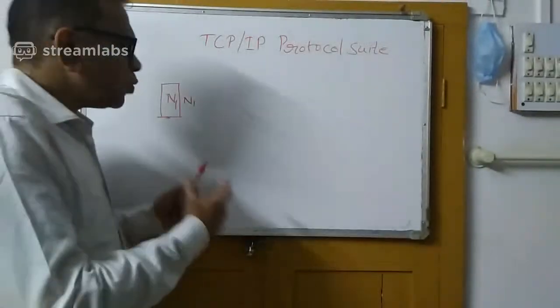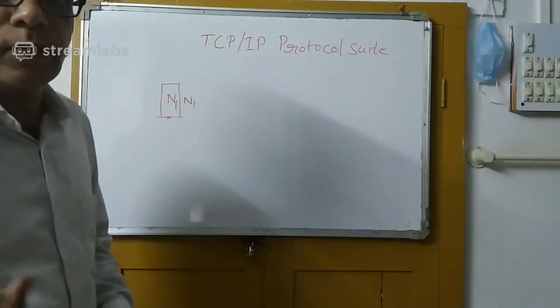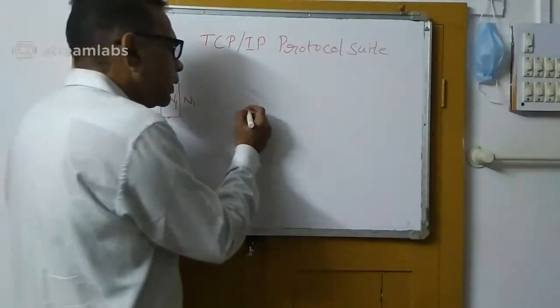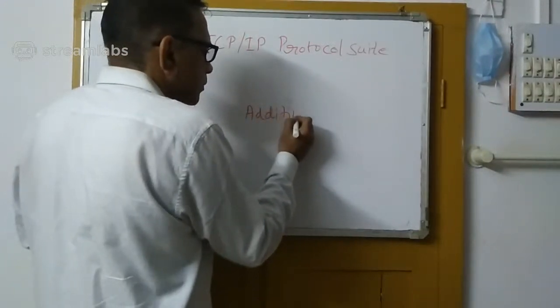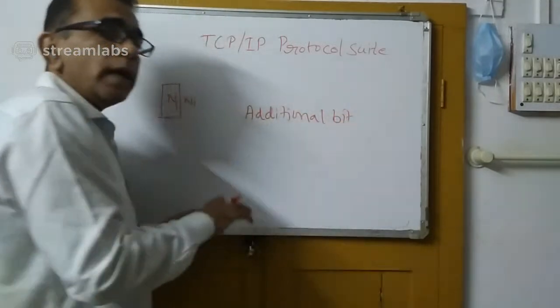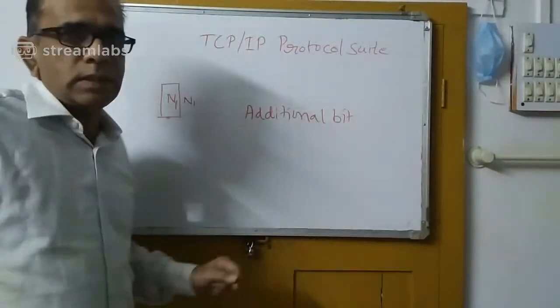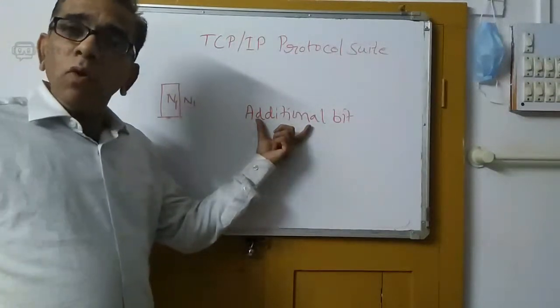When it comes to correcting errors, we need more redundancy bits. Redundancy here indicates we need to add additional bits apart from the actual bits that the data represents. We need the support of some additional bits, so your overhead increases.